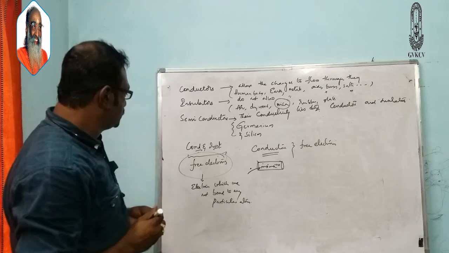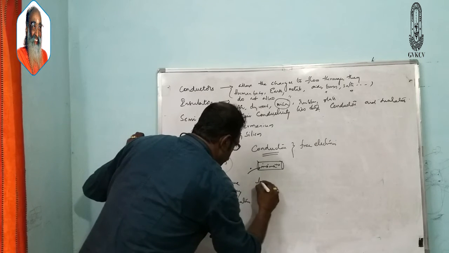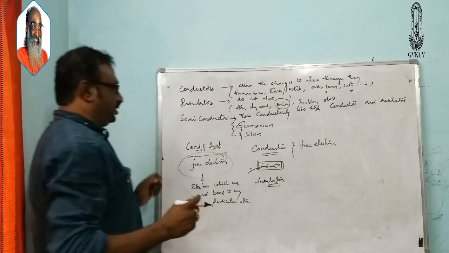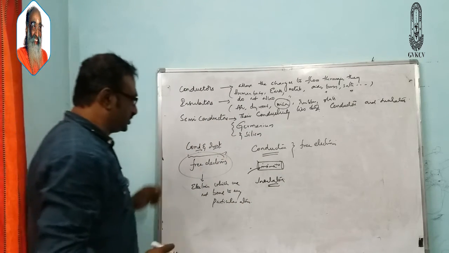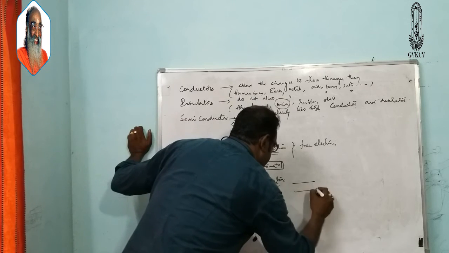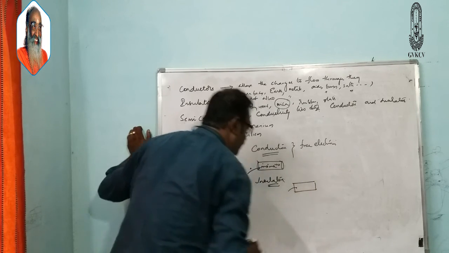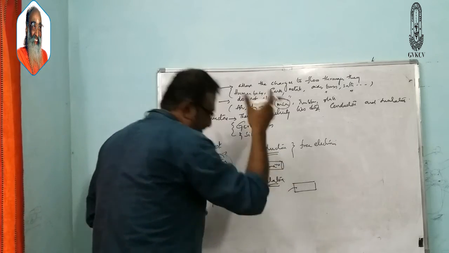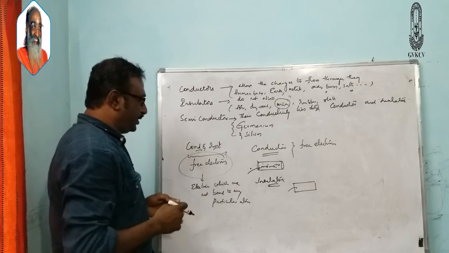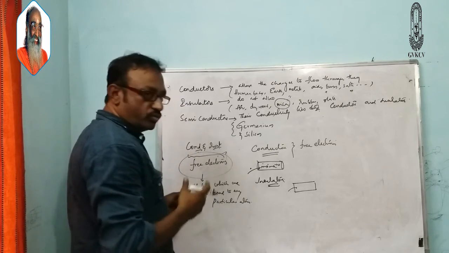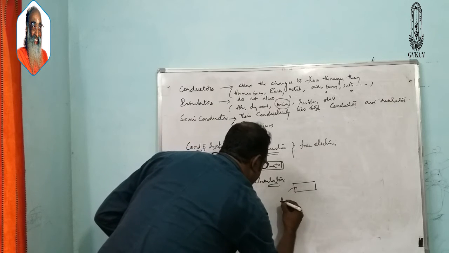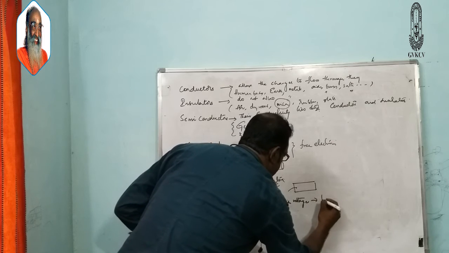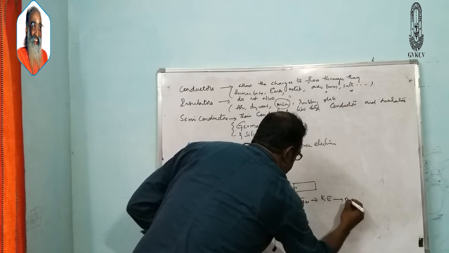Okay, and coming to insulators. There is no availability of free electrons in an insulator. So if you take an insulator and introduce a free electron into it, the free electron introduced there stays there itself. It cannot move ahead. If you want to make it move, you have to apply high voltage, which increases its kinetic energy, and thereby it can move.